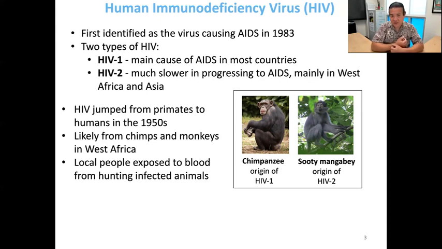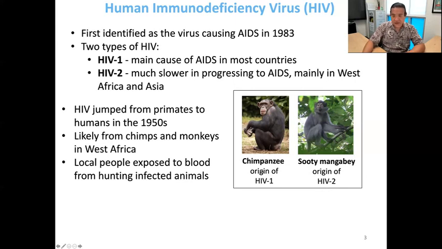And it's very likely that HIV jumped from chimps and other types of monkeys in West Africa. So we know now that chimpanzees are the likely source of origin of HIV-1, and another type of monkey, the sooty mangabey, is most likely the origin of HIV-2.